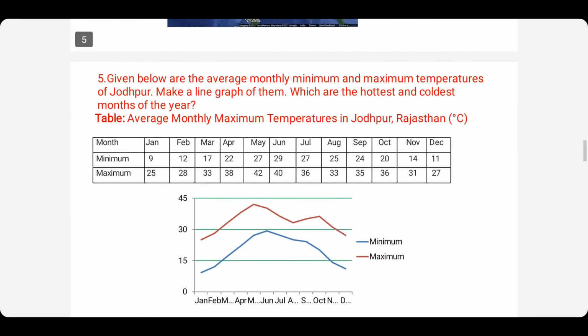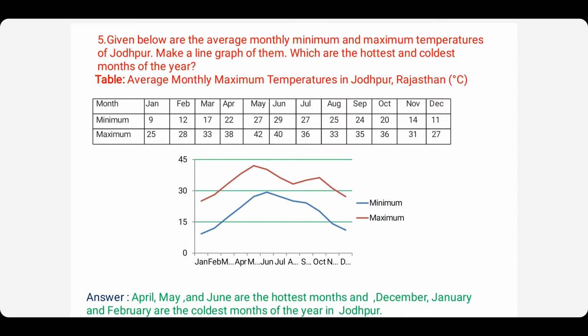On to the fifth question. Given below are the average monthly minimum and maximum temperatures of Jodhpur. You can see the tabular column here, maximum temperature and minimum temperature. Make a line graph of them. Then, which are the hottest and coldest months of the year?